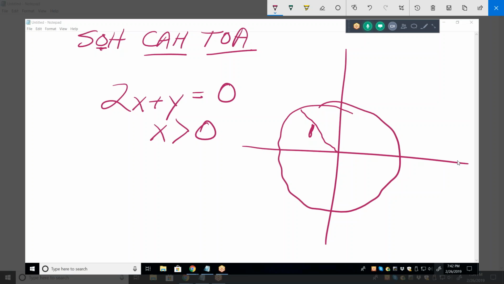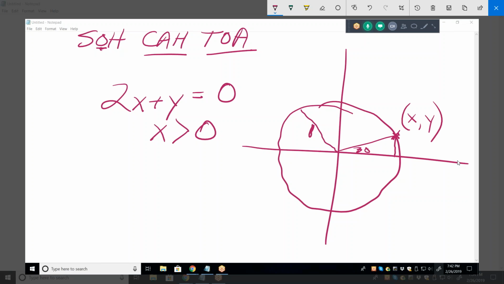Let me give you an example. If I draw a 30-degree angle, and it's the unit circle, this point right there is x comma y, correct?